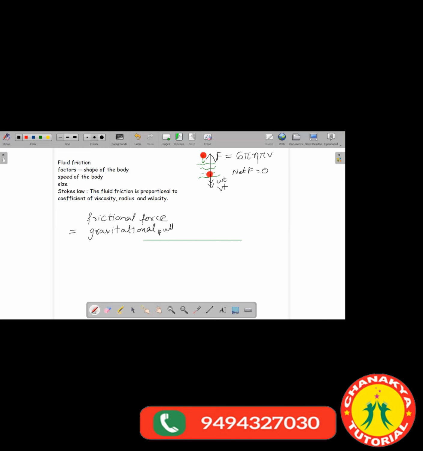See, the ball will move down. The reason is that it's already in motion. It is having some velocity. So due to inertia of motion, it will continue to move with constant velocity.